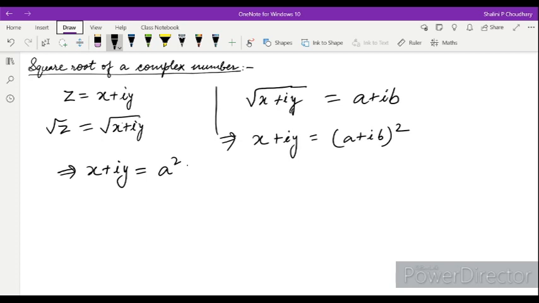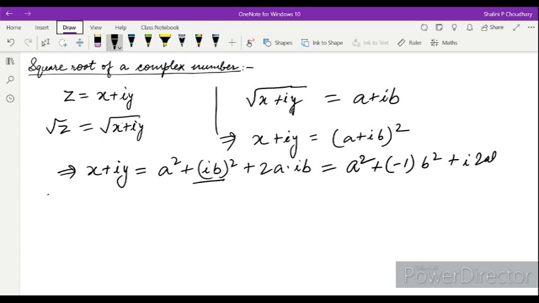So a square plus (ib) whole square plus 2 into a into ib. So it means we can directly write a square and i square b square. i square is equal to minus 1. So a square plus minus 1 into b square plus i into 2ab, right?